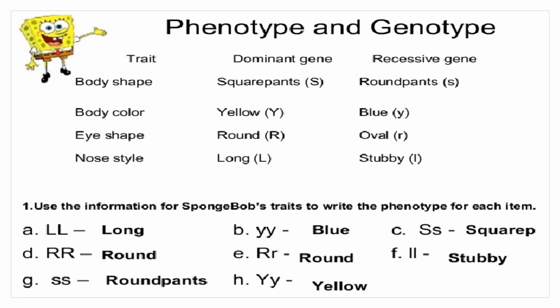It represents the dominant gene, the phenotype yellow. And for our dominant trait S, the answer is Squarepants. And for our recessive trait L, the answer is stubby.